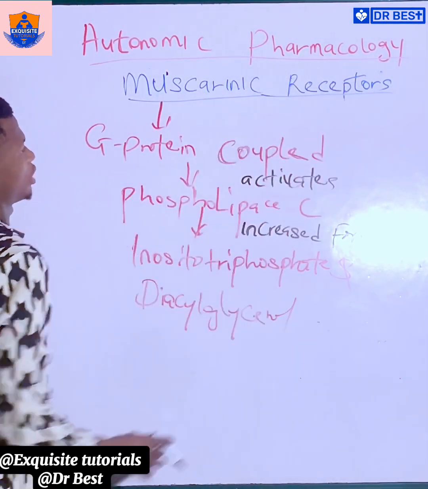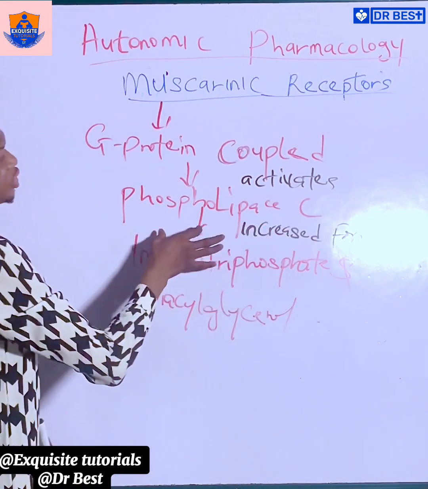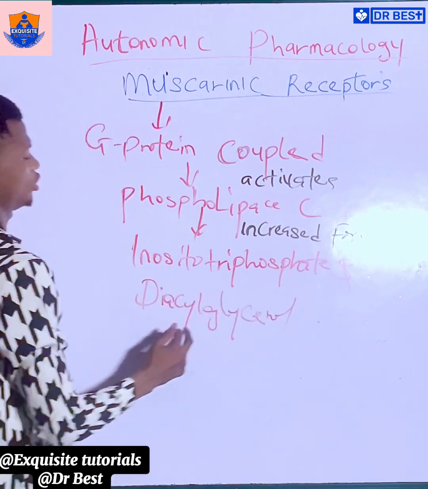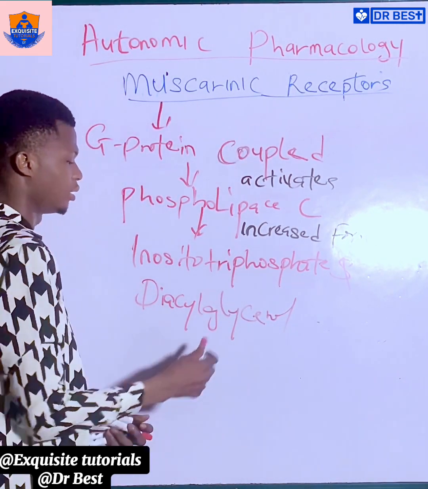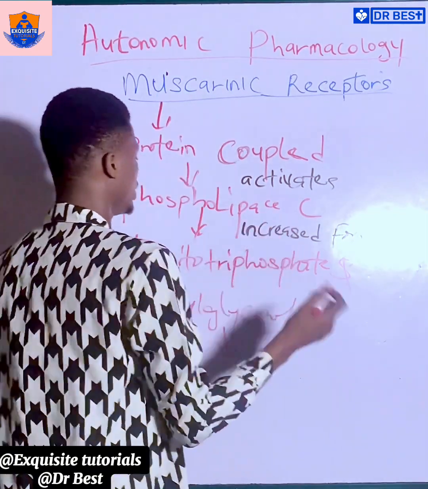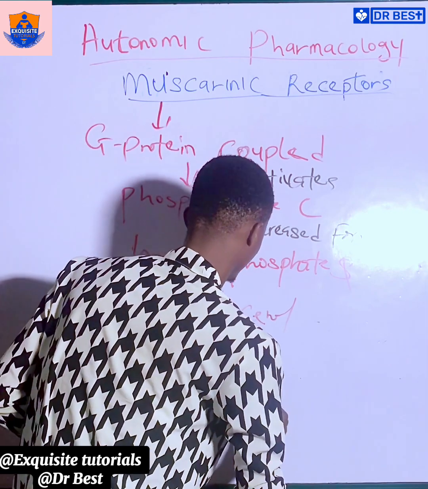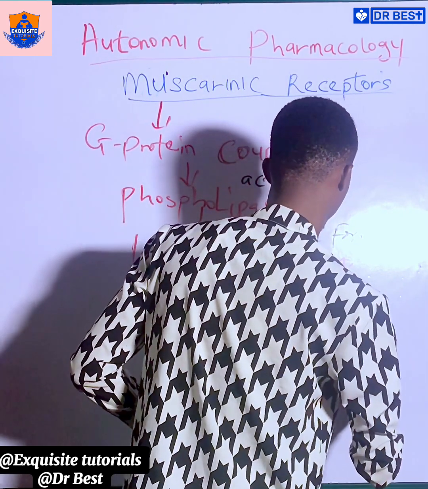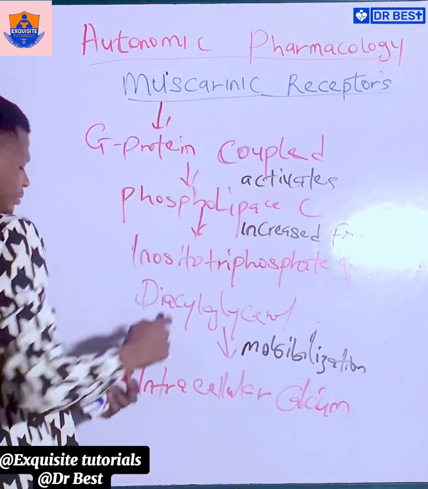We said that muscarinic receptors are G protein coupled receptors that, when stimulated, activate phospholipase C, which leads to the increased formation of inositol triphosphate and diacylglycerol. This leads to mobilization of intracellular calcium. Just follow this process, you're going to understand it.